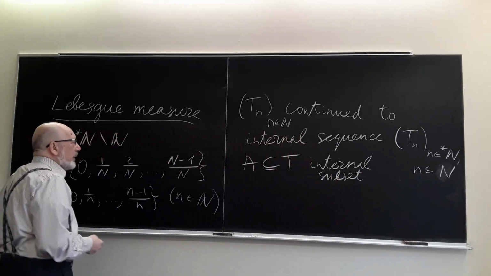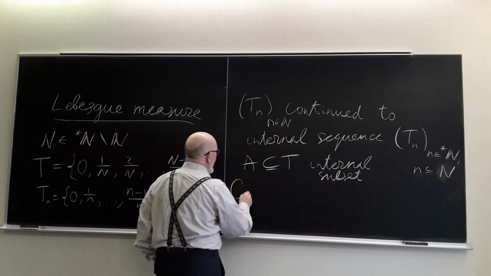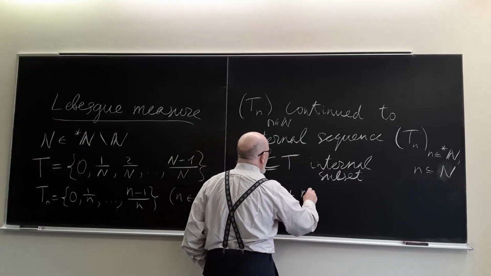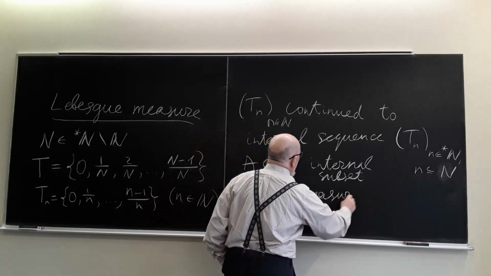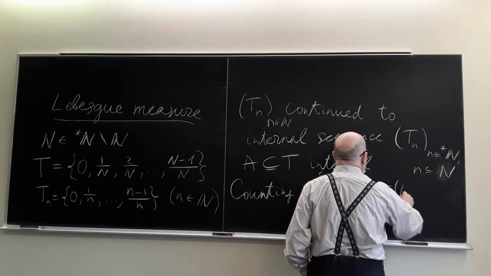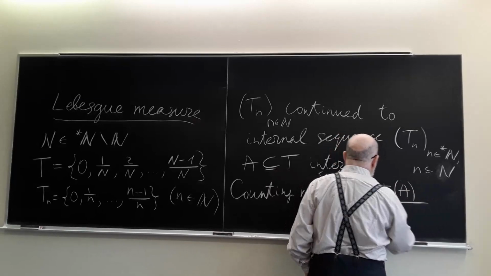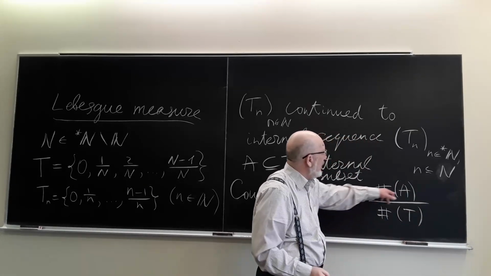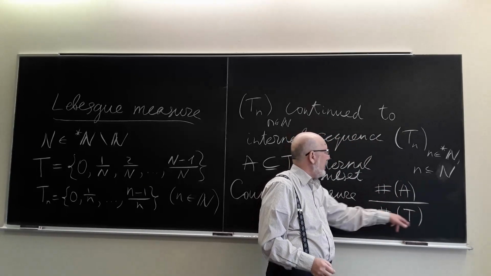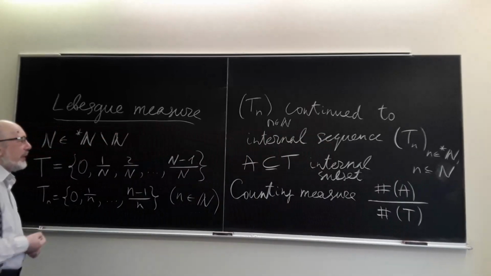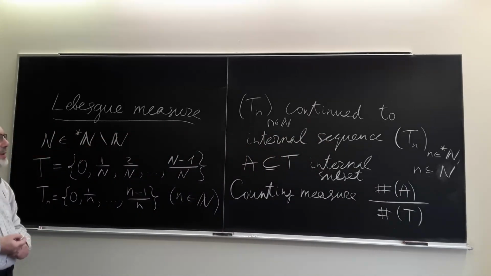Then we can define the counting measure. It is this ratio, the number of elements of A and the number of elements of T. What is the number of elements of A?